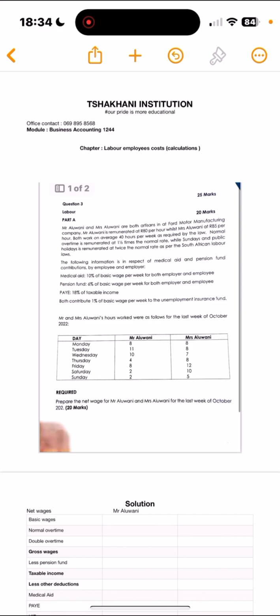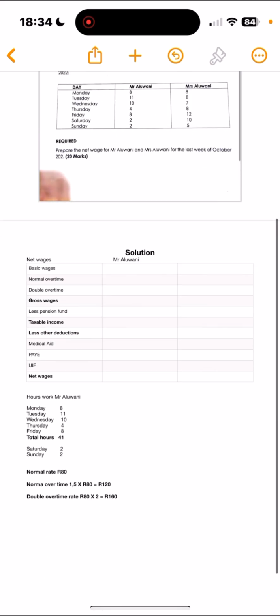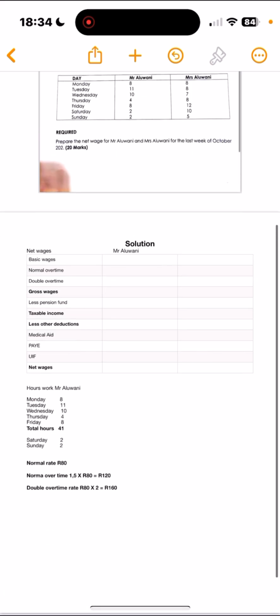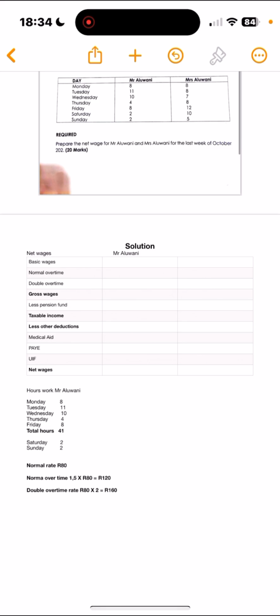Normally, overtime is remunerated at one whole number over 1/2, which I have already indicated during the class, same as 1,5 times the normal rate. You can see here on my normal overtime, I said 1,5 multiplied by 80, meaning that for normal overtime, the person is earning 120 rand.